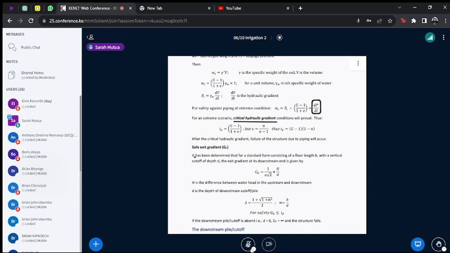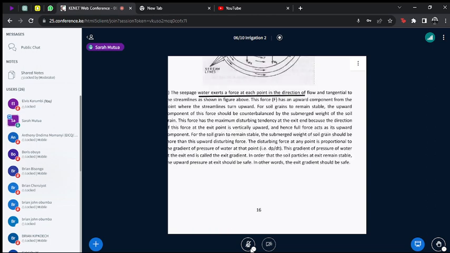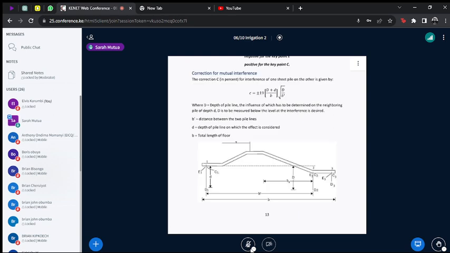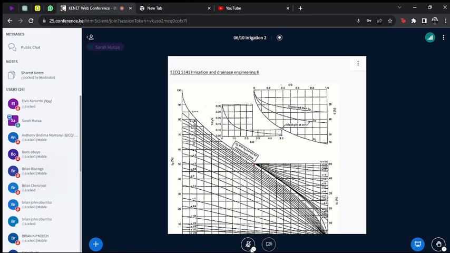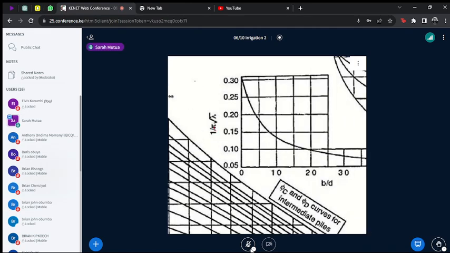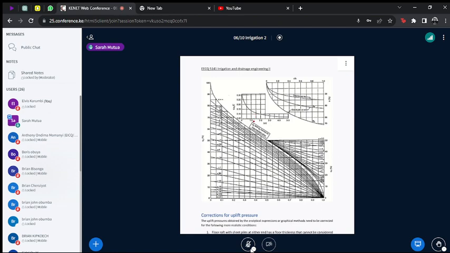For the safe exit gradient, there is an expression that has been determined, and it has to be minimum. Once you calculate it, it has to be minimum. The safe exit gradient expression that has been developed is 1 over pi times lambda.